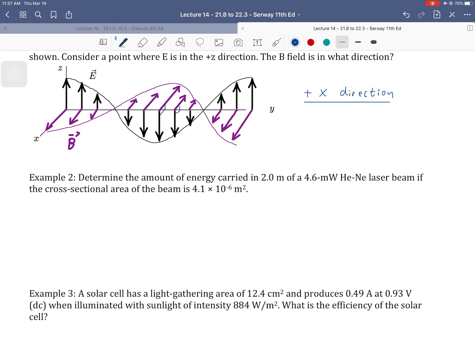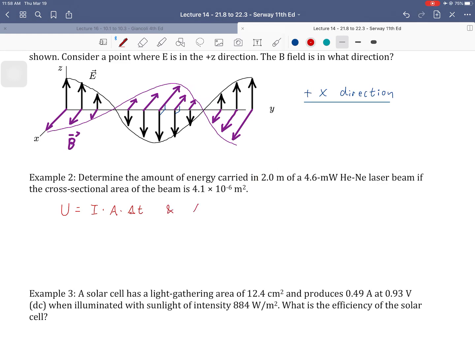So let's think about this. In this case, we want to take the power and the cross-sectional area, and then relate it to how much time it takes to cover 2 meters, because that will be our delta T. We know that our energy is going to be our value of intensity times area times delta T. Delta T is the least obvious part, but that's just the time it takes the light to cover 2 meters.